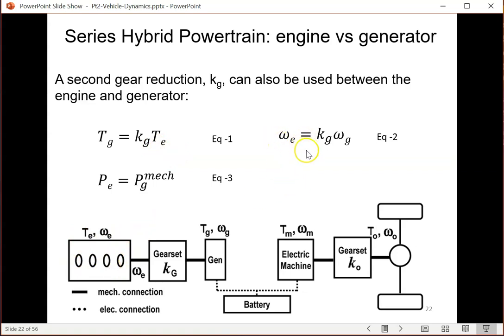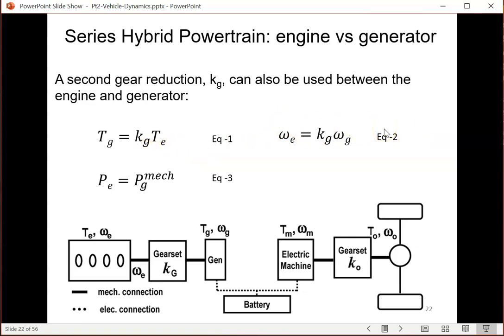And the relationship between the rotational velocity of the engine and that of the generator is reversed: omega E equals kg times omega g. So these two are just like all the other gear sets.